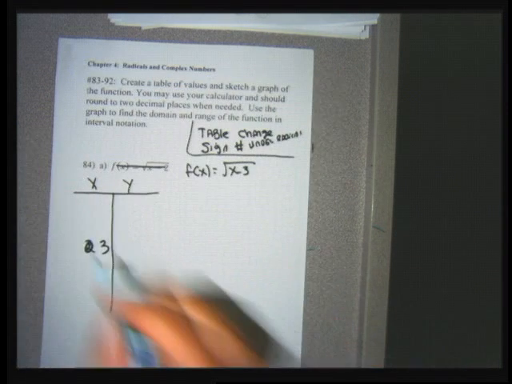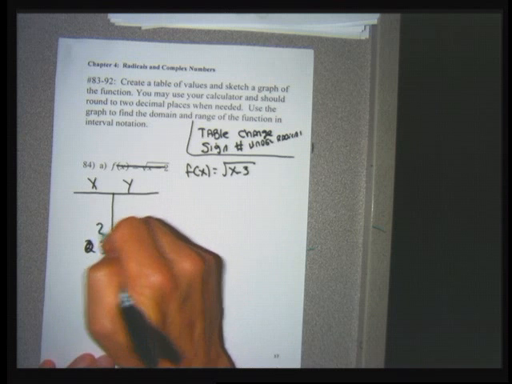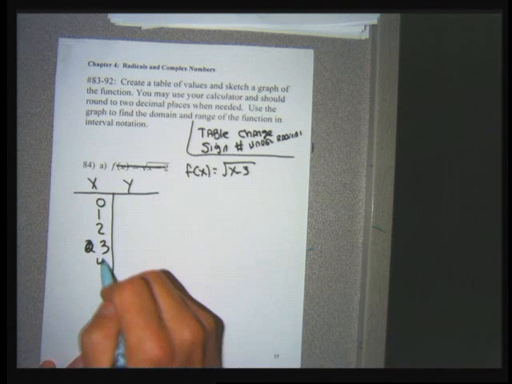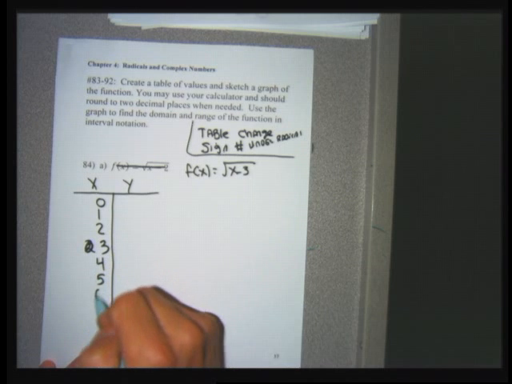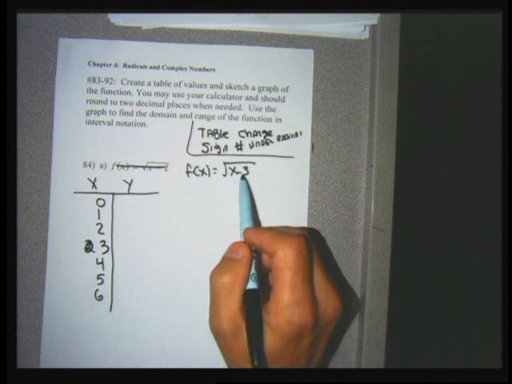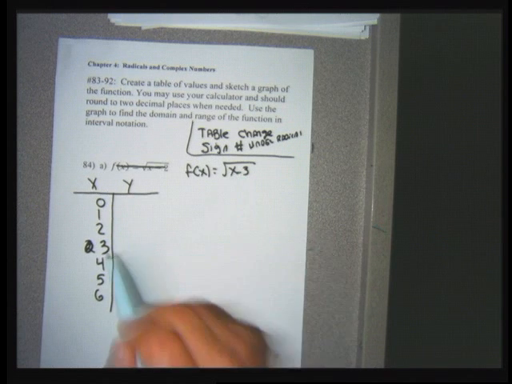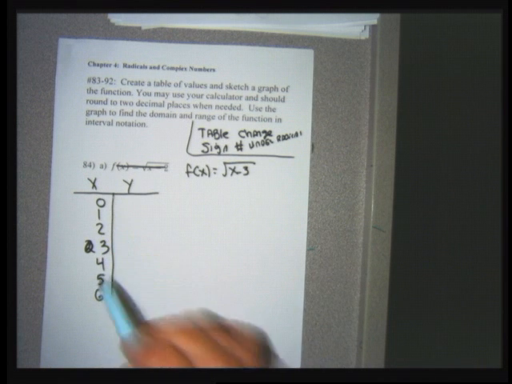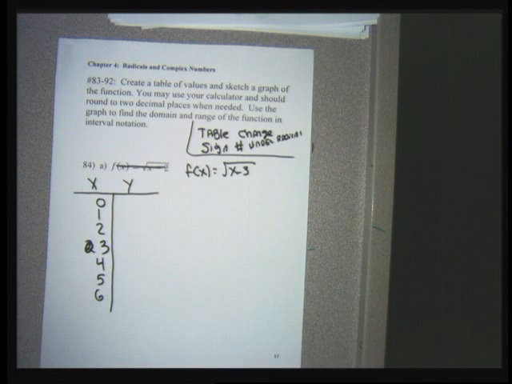So smaller than 3, the numbers are 2, 1, and 0. Bigger than 3, the numbers are 4, 5, and 6. So always, for all the square root and cube root problems, I'm going to take the number under the radical, change its sign, and then make a string of 7 numbers.